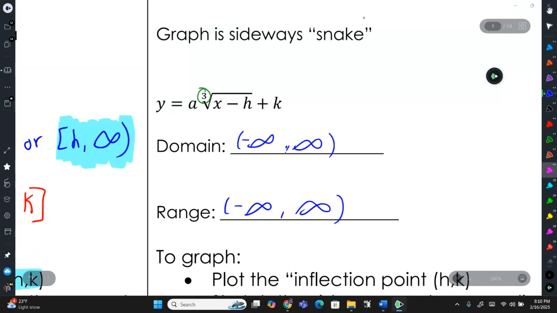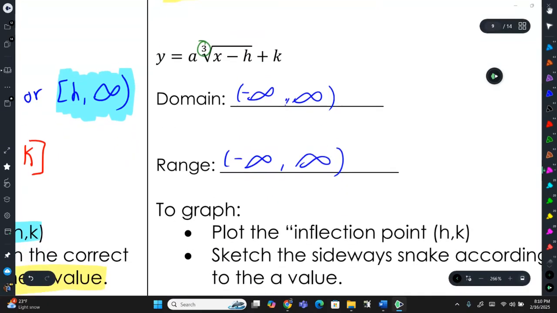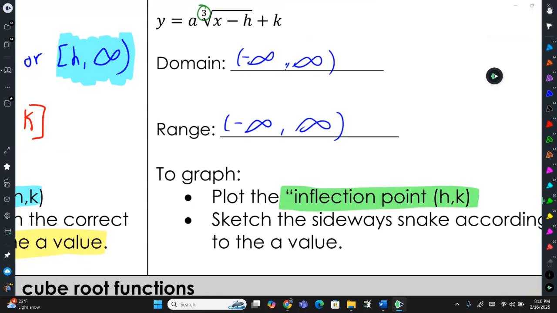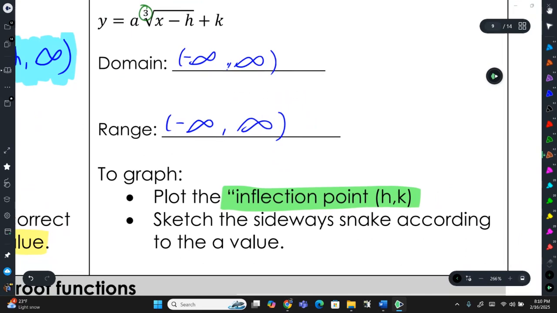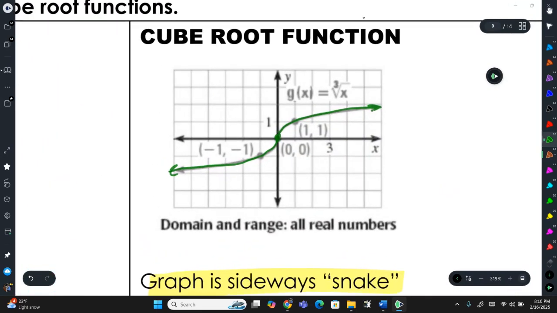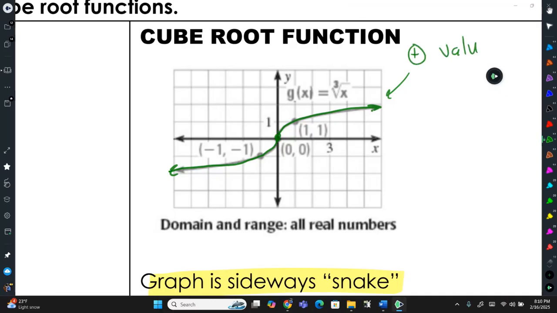To graph, the graph is a sideways snake here. To graph, though, we're going to plot that h comma k. That's called an inflection point. And then we're going to draw this sideways snake according to the a value. So here, again, this is a positive a value.